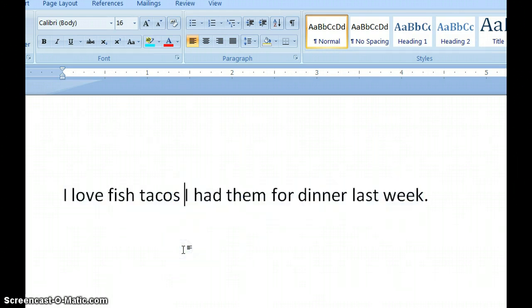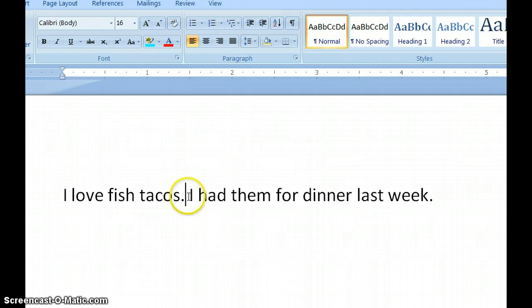Now, we've learned two ways to correct our mistake. Here's the third and my favorite way of correcting the mistake, and that is the semicolon. Especially like in this, where you have two sentences that really go well together. They're two thoughts that could be combined together. So, this is an option.